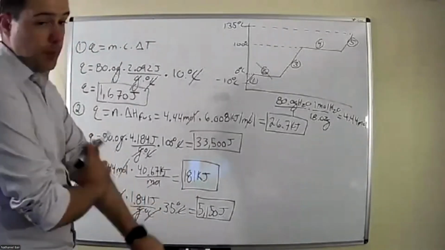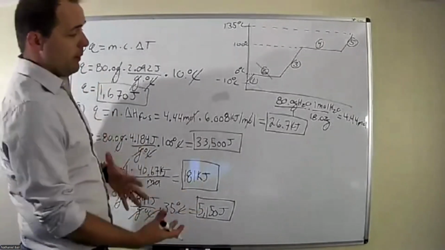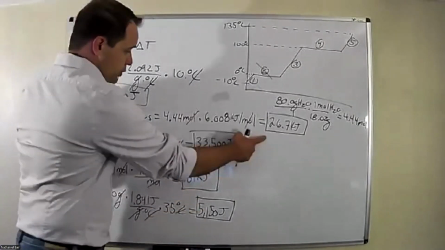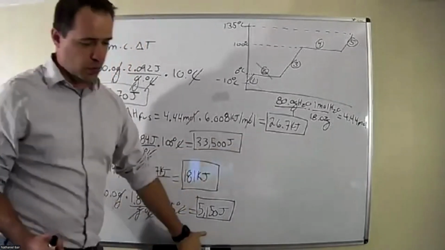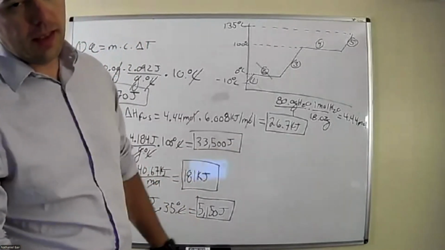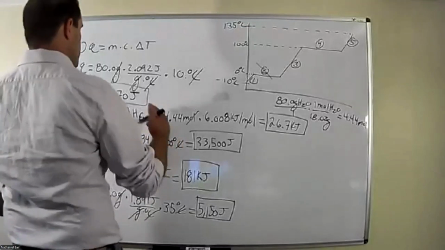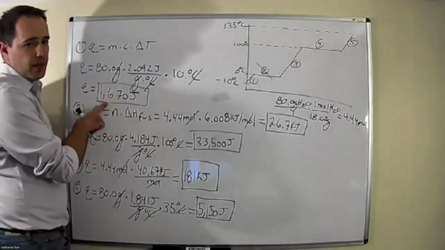Okay, so here's the problem. Before we get the total amount of heat, we have to be in the same unit. So we have joules, kilojoules, joules, kilojoules, joules. If you look at the original problem, it wants the amount of heat in kilojoules. So we need to convert those slanted portions, the slope portions, into kilojoules. How do we do that? Divide by 1,000.